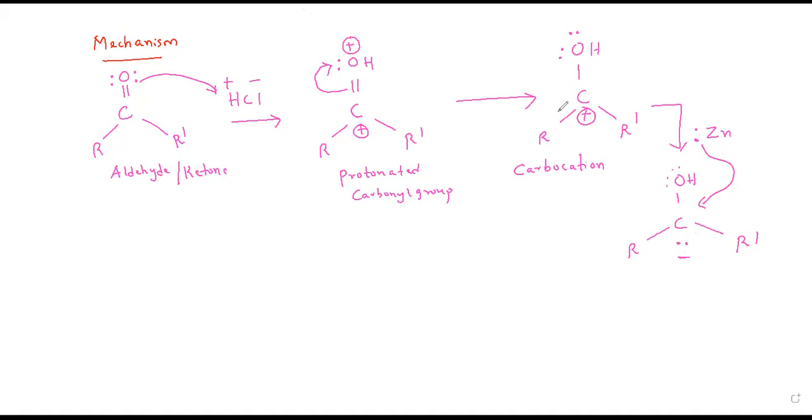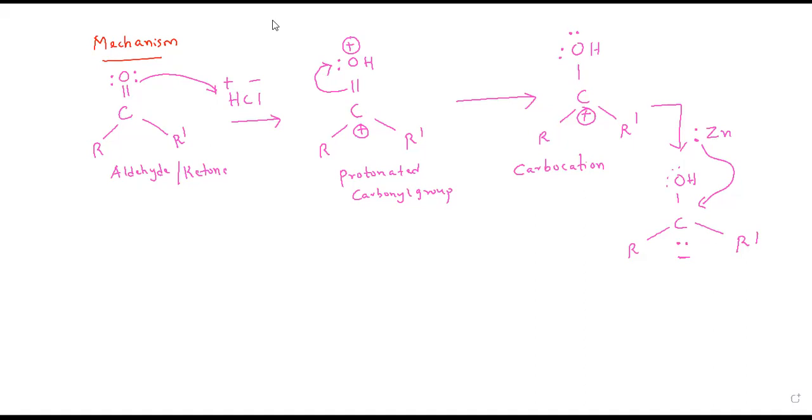As carbon is electron deficient and unstable, to make it stable I'm using zinc, which has the valence electrons. So zinc will transfer the electrons to this positively charged carbon. Therefore, carbon will get the lone pair of electrons.